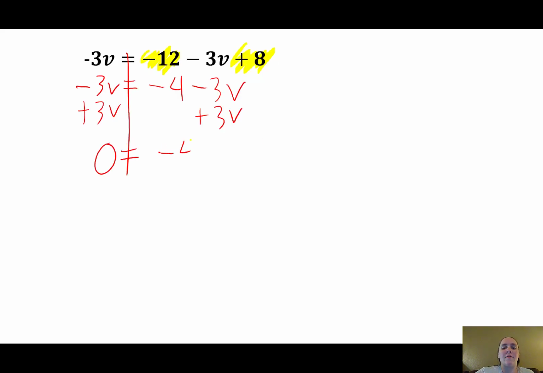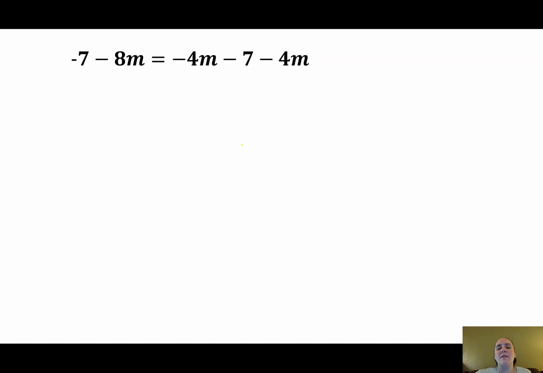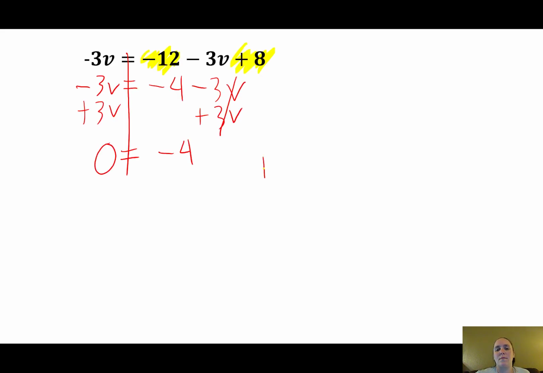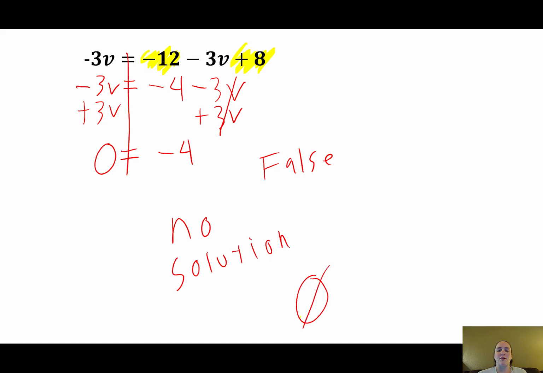I still have the negative 4, and those become 0 and cancel out. Now, I ended up with 0 equal to a negative 4. Is that a true statement? No, that is false. So anytime we get a false statement, that is no solution. You can also use a circle with a cross through it to represent that.